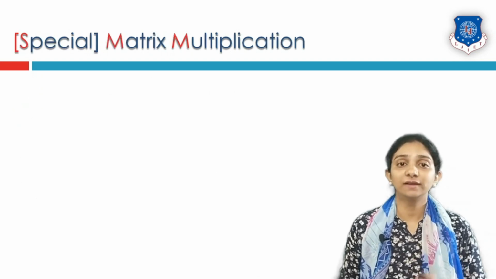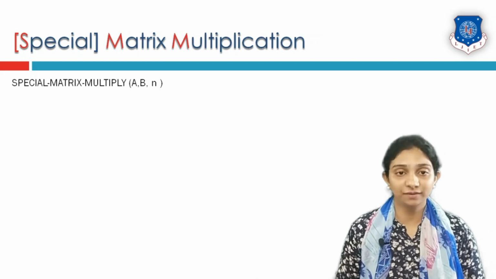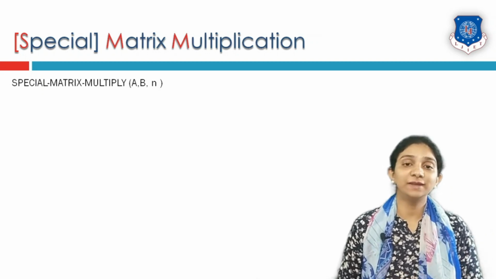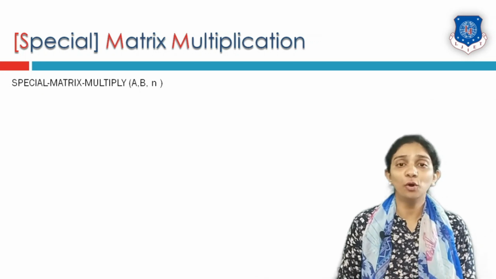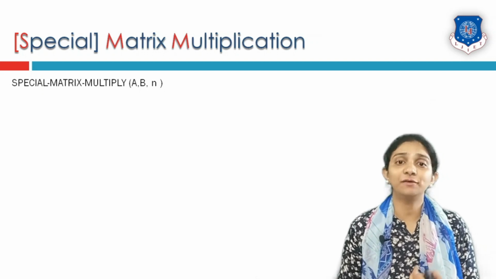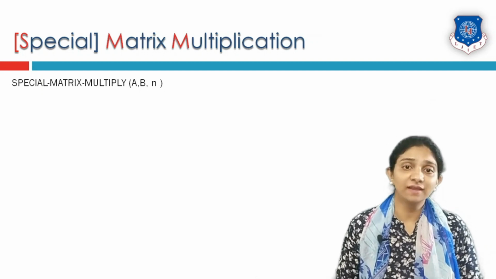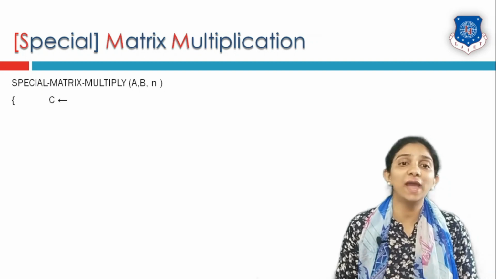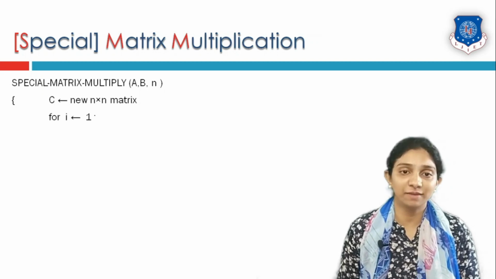So let us start. Let us see what the special matrix multiplication algorithm is. The matrix multiplication algorithm takes two inputs, that is two matrices A and B. Let us assume both matrices are square and of the same size. That means matrix A is n cross n and matrix B is also an n cross n matrix. Let C be the new n cross n matrix.